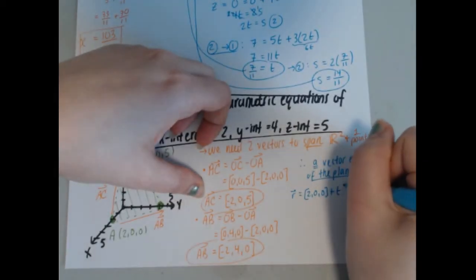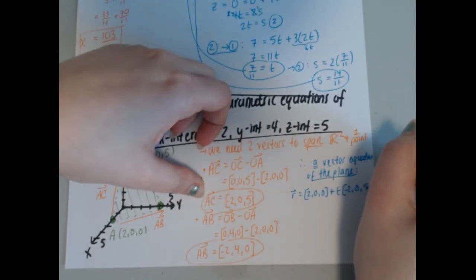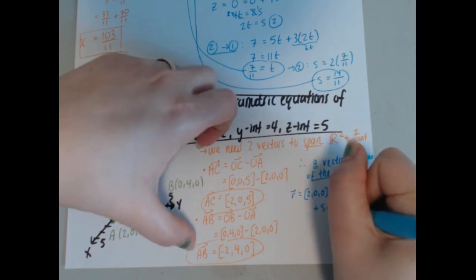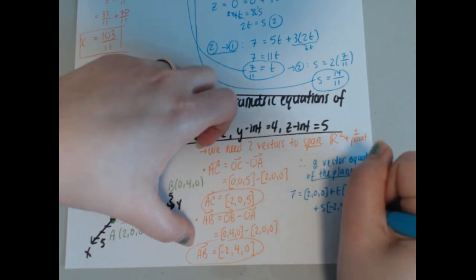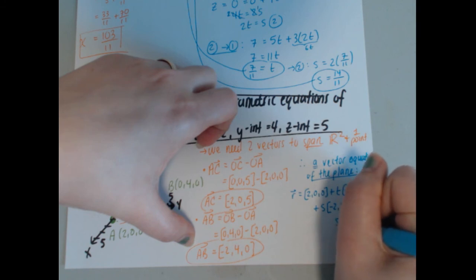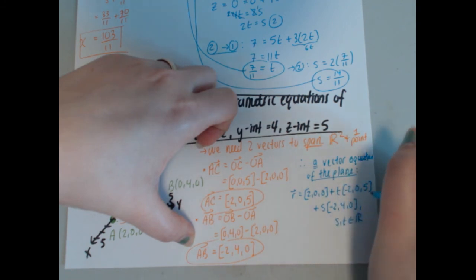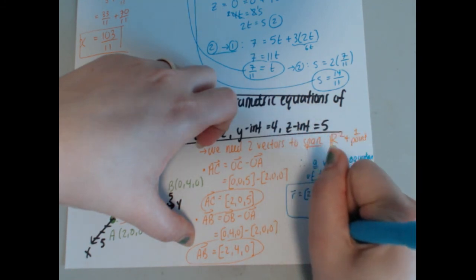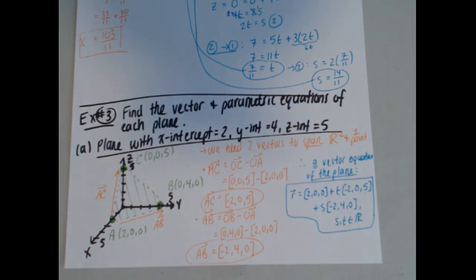So plus t times (-2, 0, 5), plus s times (-2, 4, 0), where s and t are elements of the real numbers. So there is your vector equation of this plane.